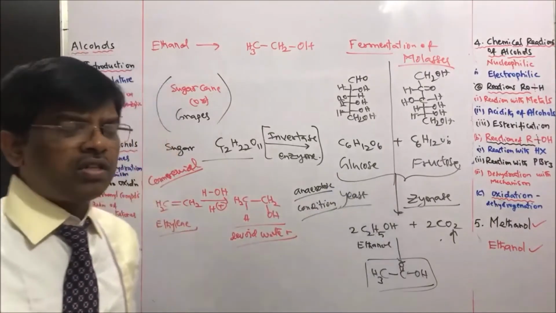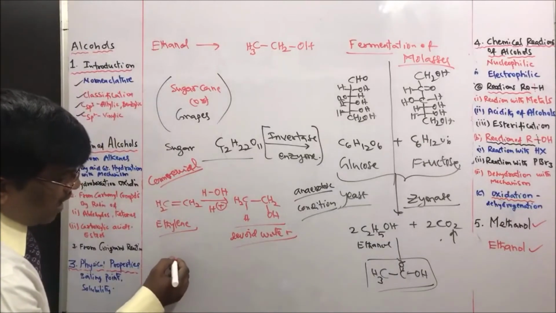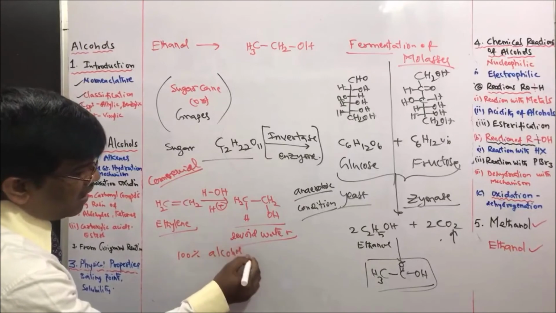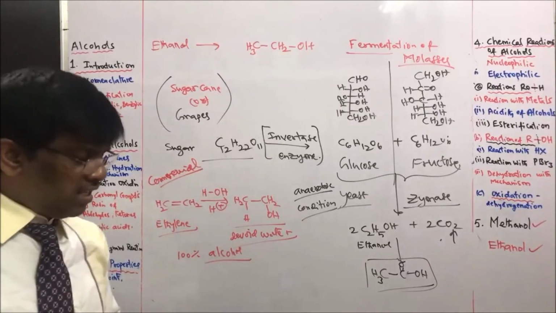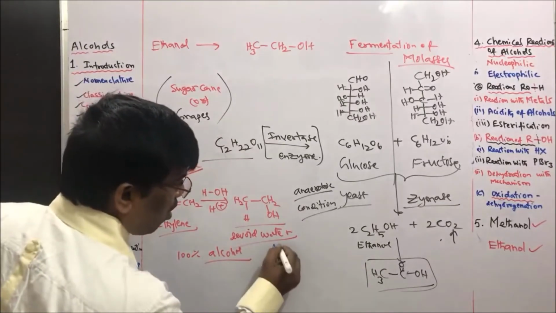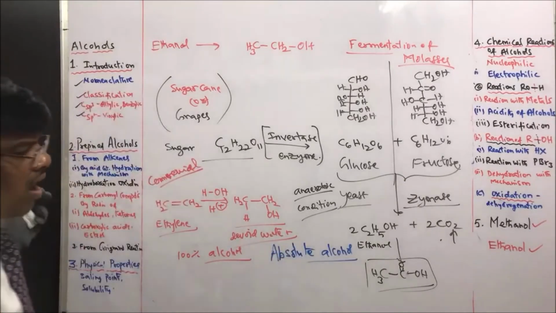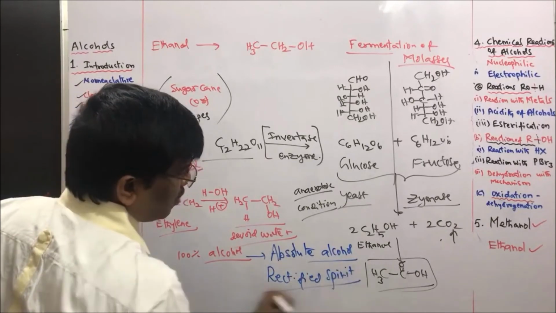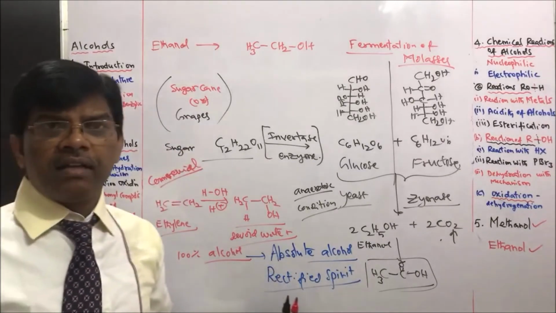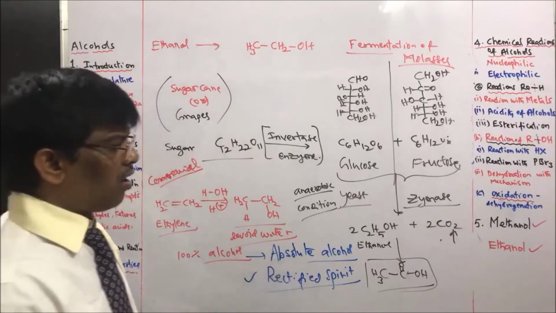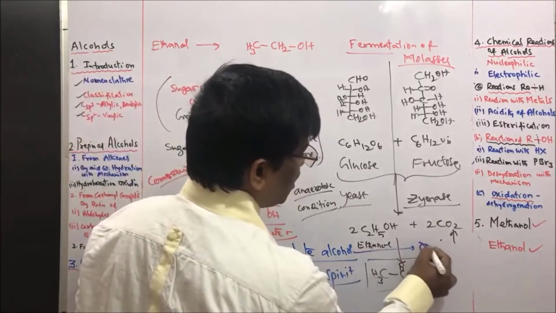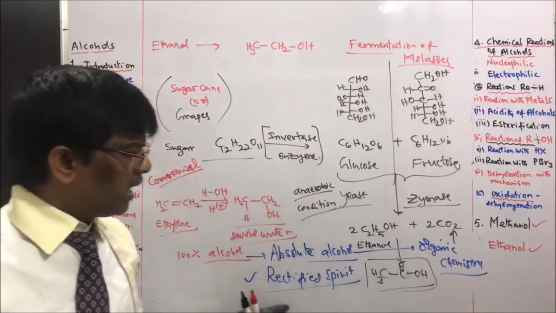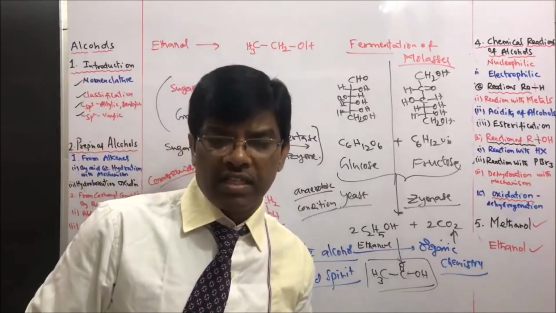Most of the organic reactions require 100% alcohol or 100% ethanol. This 100% ethanol is known as absolute alcohol. Yes, students, absolute alcohol is also known as rectified spirit. So rectified spirit is used for surgical methods and absolute alcohol is used in organic chemistry. However, consumption of absolute alcohol or rectified spirit is highly poisonous.